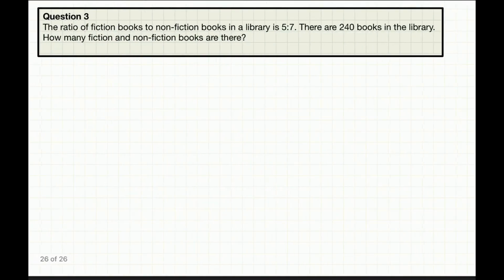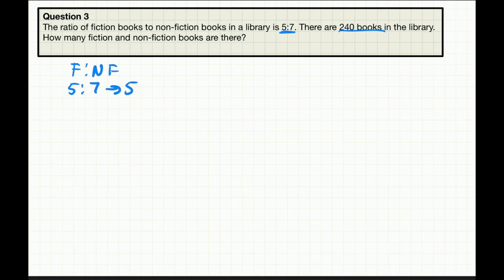Excellent. Now let's move on to our final question, question number 3. We have the ratio of fiction books to non-fiction books in a library is 5:7. We have 240 books in the library in total. We need to find how many fiction and non-fiction books there are. So once again, let's go fiction to non-fiction. We have 5:7.